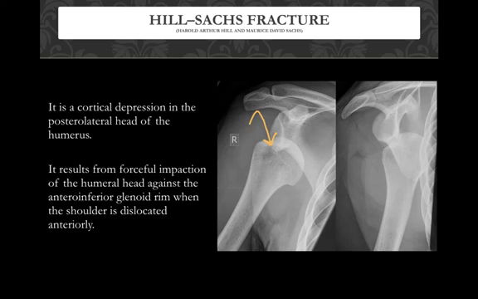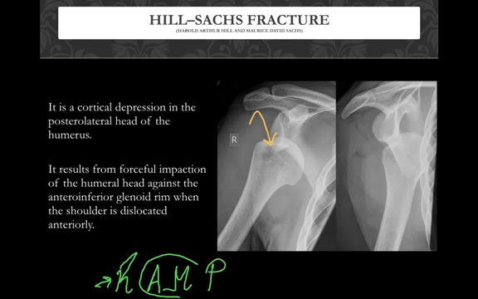I also want you to remember a mnemonic here called RAMP, which refers to reverse Hill-Sachs, anteromedial part, posterior shoulder dislocation. So in anterior dislocation, you have the posterolateral head affected, and in posterior dislocation, the anteromedial part affected. Remember H for Hill-Sachs, H for humeral head.